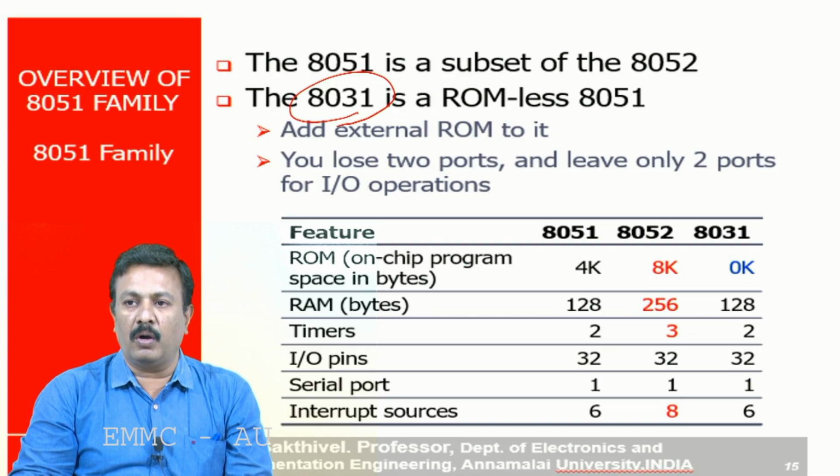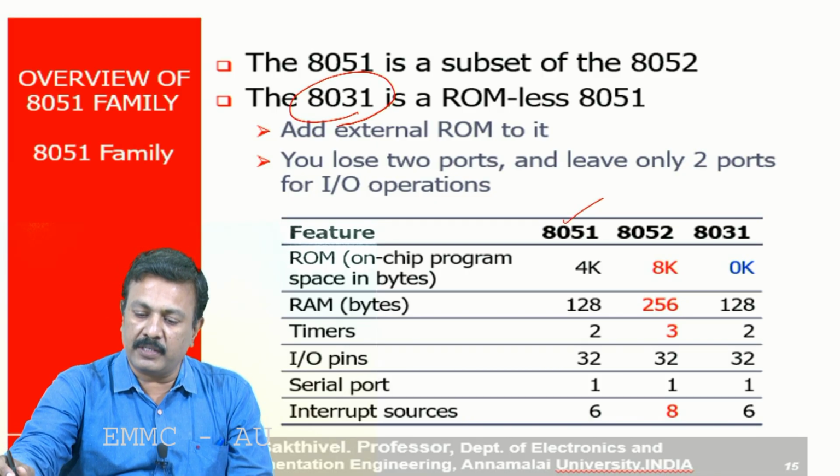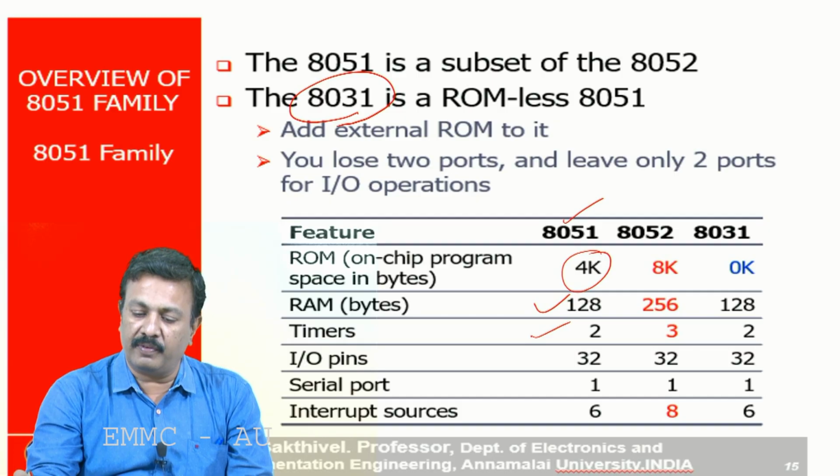If you use the 8031, you have to add external ROM. Here the 8051, as I told you earlier, has 4 kilobytes of ROM, 128 bytes of RAM, 2 timers, 32 I/O lines, 1 serial port and 6 interrupt sources.